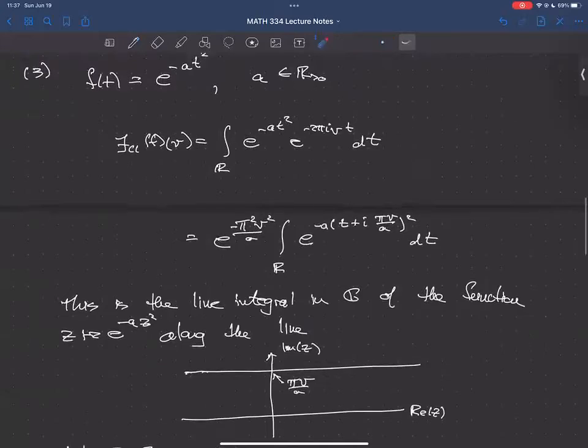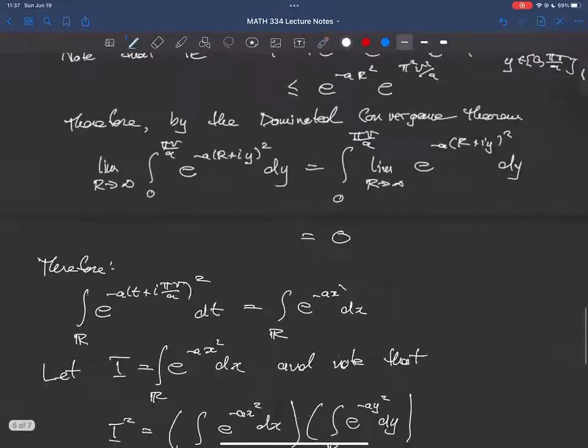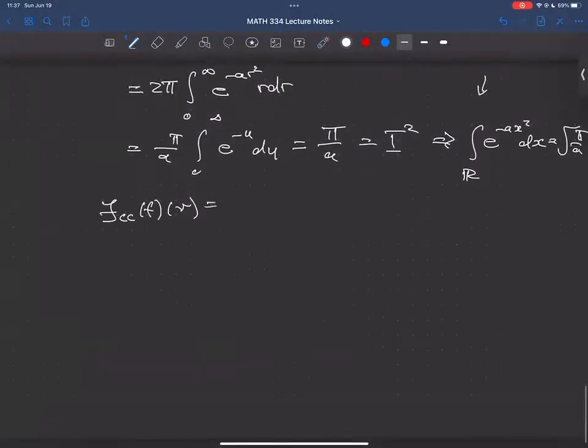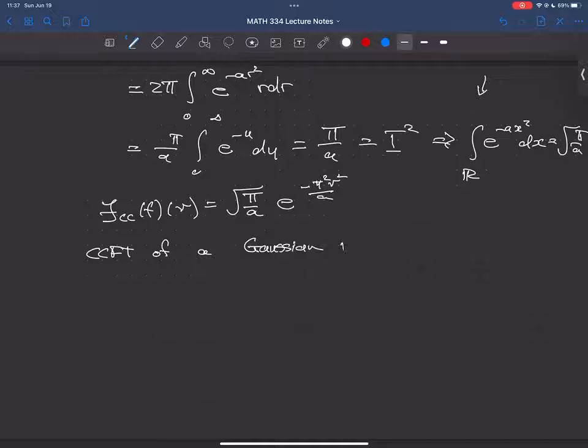Yeah, it's important that it's a minus sign. Okay, so this is root pi over a, e to the minus pi squared nu squared over a. Okay, great. So the point is the CCFT of a Gaussian is a Gaussian. So this is something interesting about the CCFT.